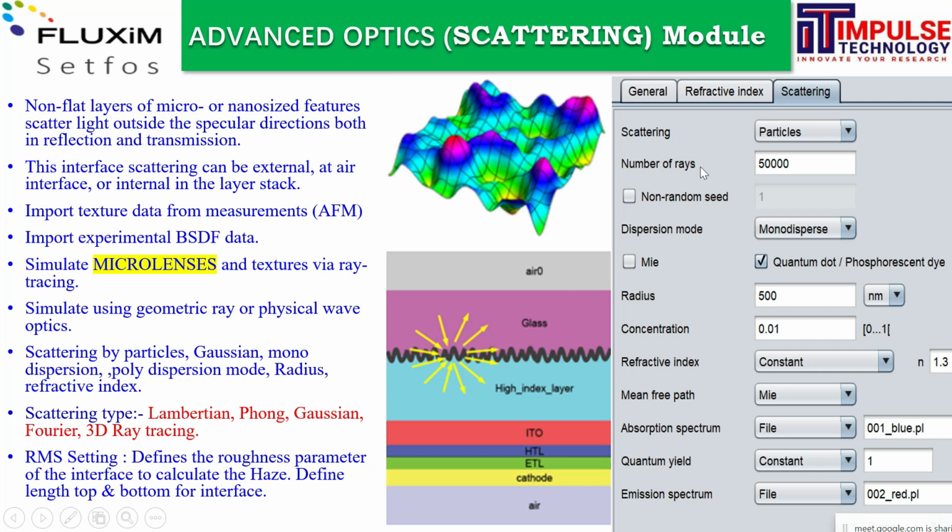Along with this, scattering by nanoparticles, you can define the number of rays for ray optics, dispersion mode, quantum dot, phosphorescent type dye, radius, its concentration, refractive index, absorption spectrum, quantum yield, emission spectrum. All these parameters for the scattering you can set that can improve the efficiency of your LEDs as well as solar cell devices. That's why this is an advanced and unique module inside this SETFOS.